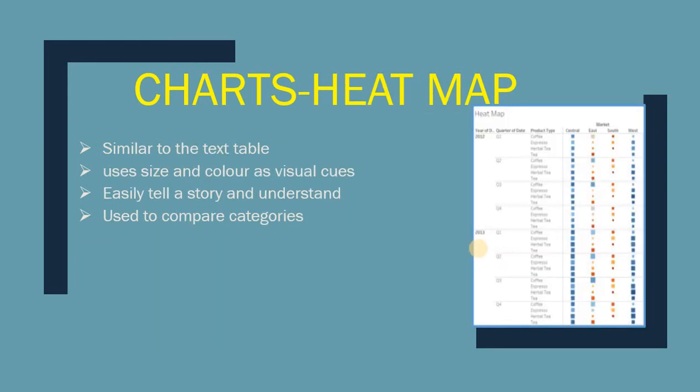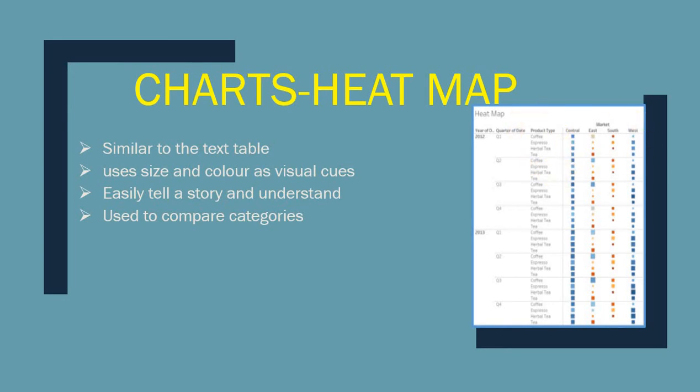The second one is a heat map. In presentation, a heat map looks like the cross tab, but as you can see, there are no figures in this. The figures and the data are represented by colors and by size as well. We only know what this data represents from the headings and the axes that we are visualizing.